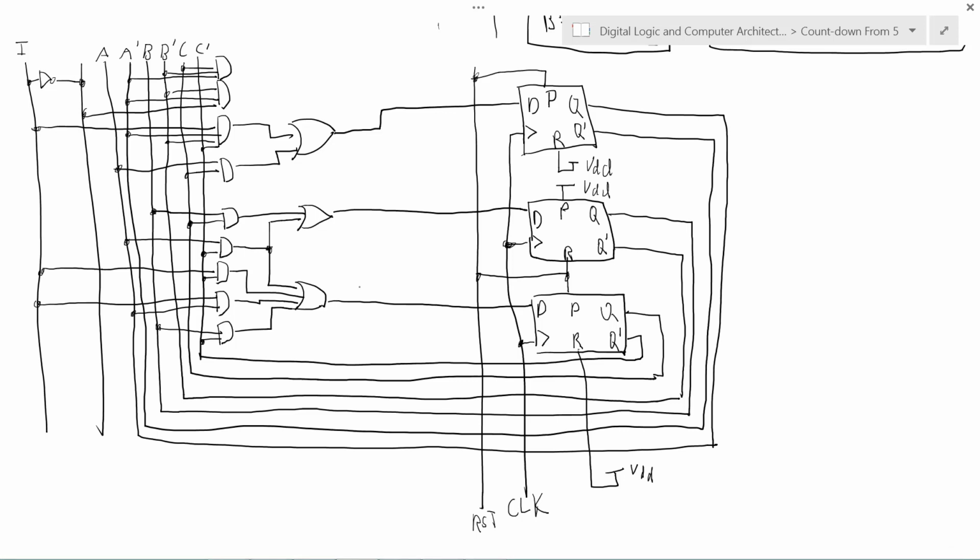A little bit messy here. Oh, we missed one gate, the OR gate. We OR these together, and this gives us our output, O.